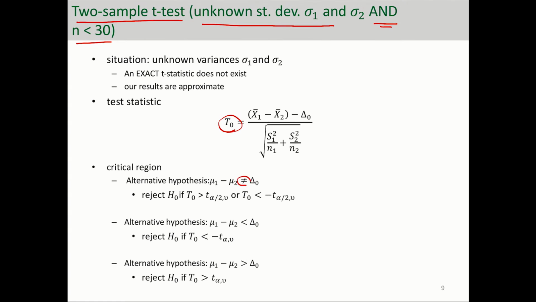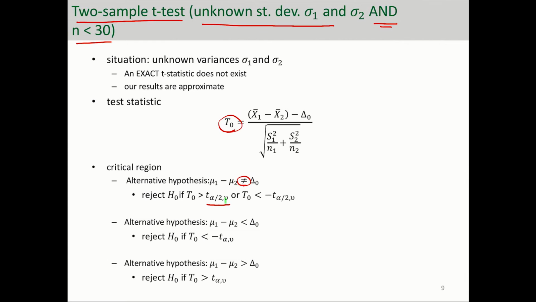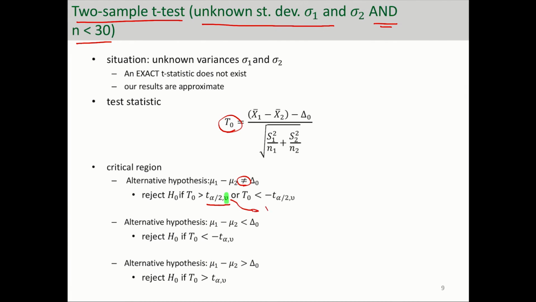If your test is a two-sided test, the critical region is greater than t of alpha over 2, nu. And nu is a new parameter that you see. It's the Greek letter nu, and that indicates the degree of freedom, right? If you remember, you have a degree of freedom on a t-distribution, and that used to be n minus 1 for a one-sample test, but now here it is nu.